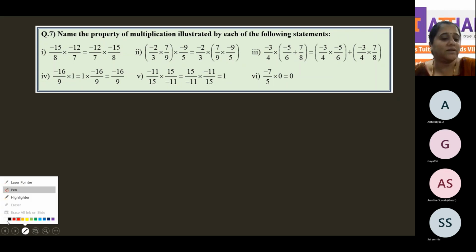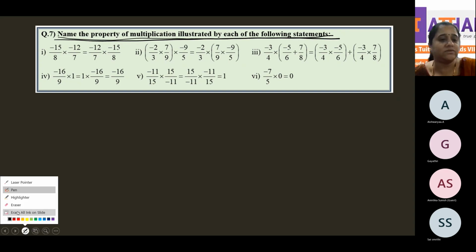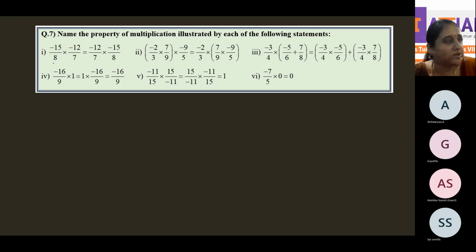Yes, Shreya here, tell me what property. I'll read the heading for the class. Name the property of multiplication illustrated by each of the following statements. Yes, Shreya, the first one. Commutative property. Correct? Commutative property of multiplication of rational numbers.